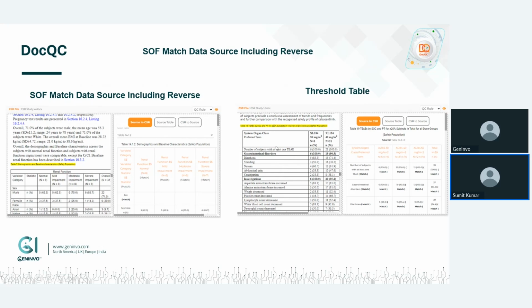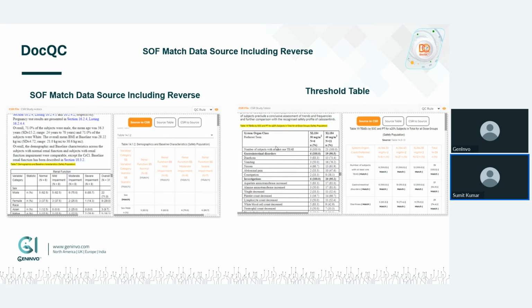Threshold means there is some condition given in terms of a number lesser than or greater than. So the number present in the table should follow that condition. If any number is greater or lesser than that particular number, the tool will highlight that number in the table itself.